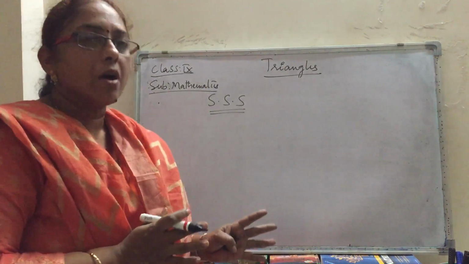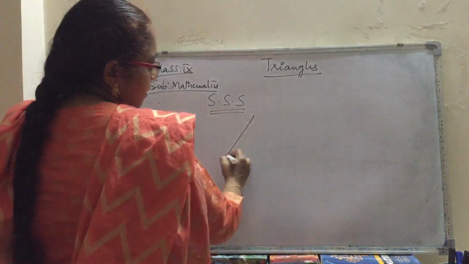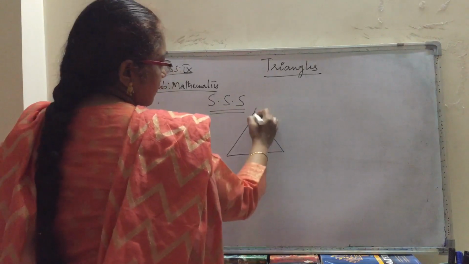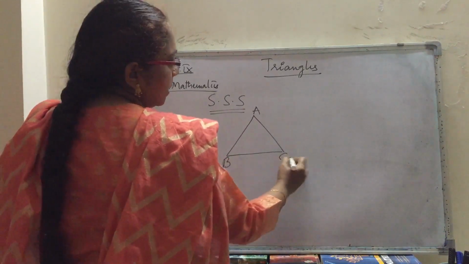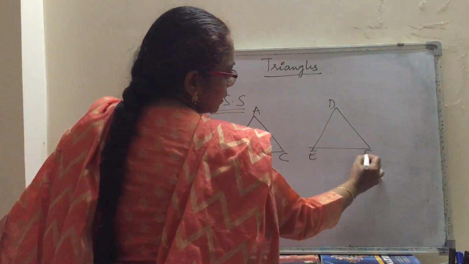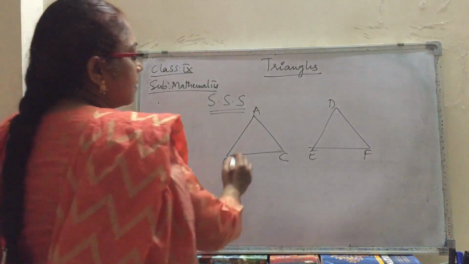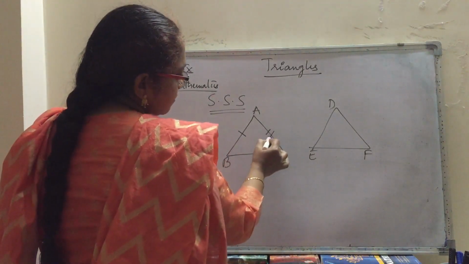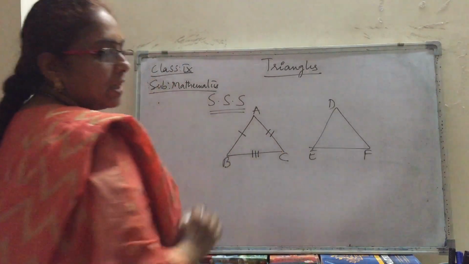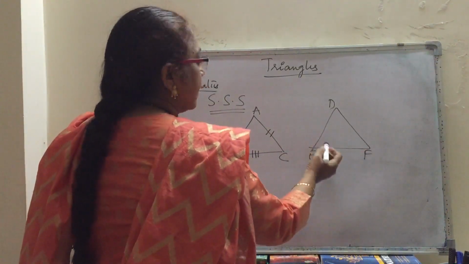Two triangles are congruent if, take two triangles ABC and DEF, three sides of one triangle are equal to the corresponding three sides of another triangle.